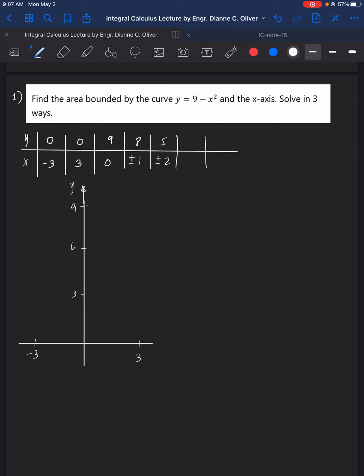This is y, this is x. If we graph the points, we have 3, 0, we have 0, 9, and we have 2, 5, it will be around here, and 1, 8. So the resulting figure is a parabola.